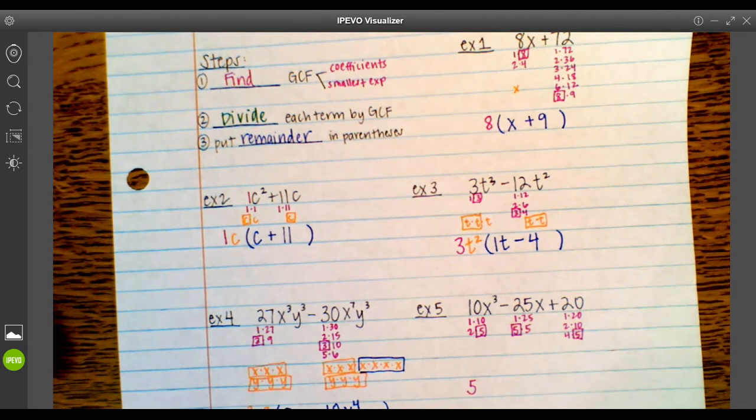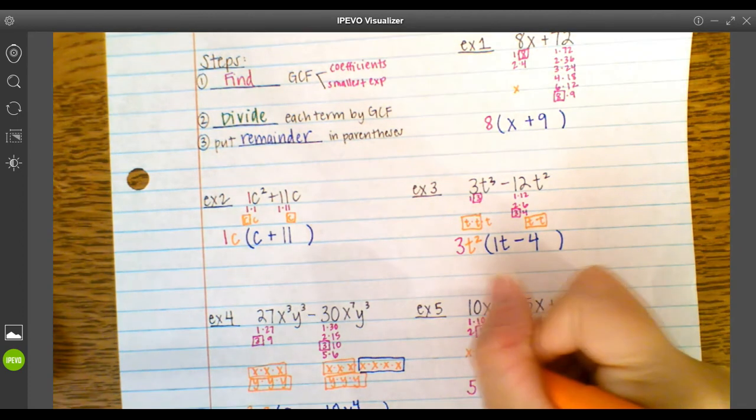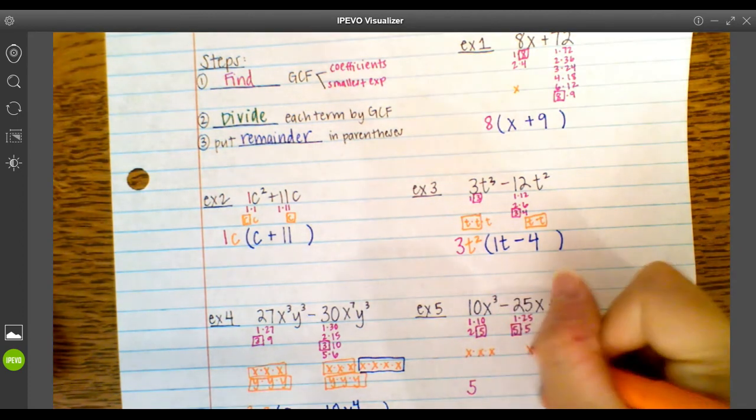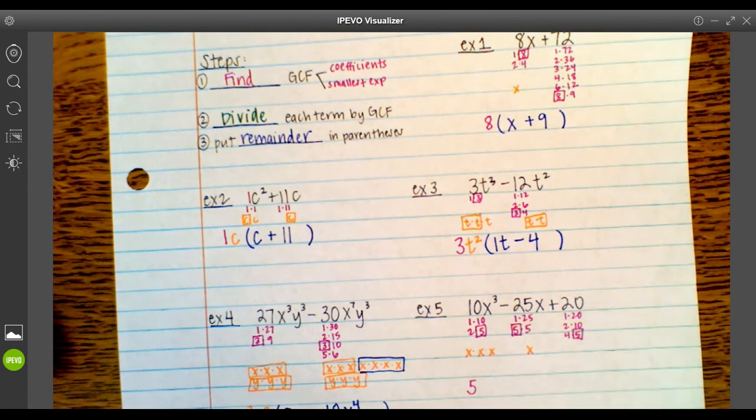And again, guys, in terms of the x's, we have 3 from the first term, 1 from the second, and no x's in the last term. So I cannot pull a common x because the last term does not have one. All right, so no x's in common, which means we're ready to find our final remainder. So here's how it's going to go. 10 divided by 5 is 2.